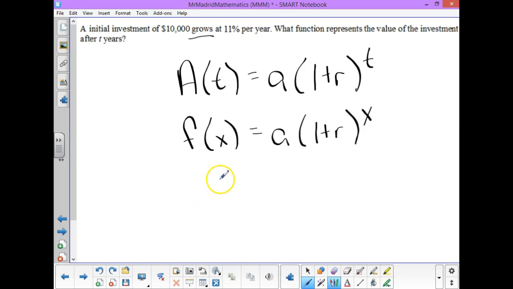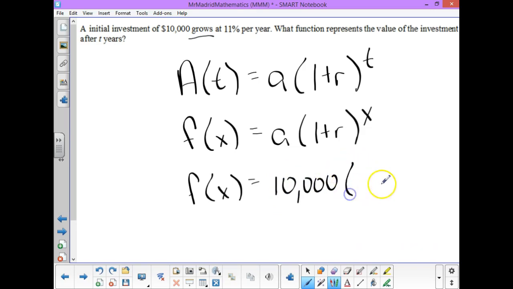Alright, and now let's go ahead and plug in. F of x equals, I need an initial amount. Okay, initial investment times 1 plus, what are they saying, 11%. In this case, I'll toss in the 11% just for the heck of it.